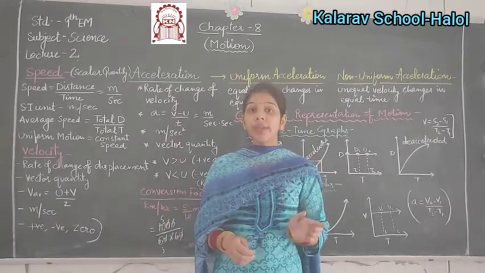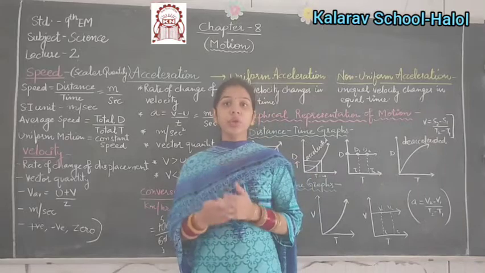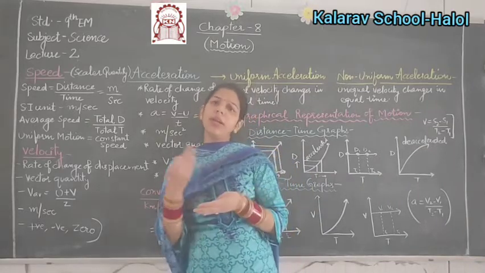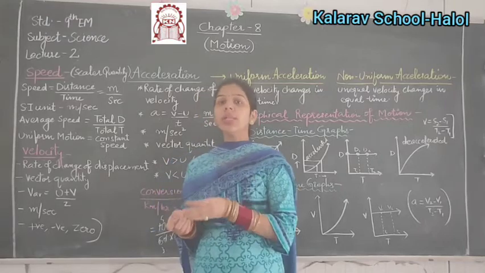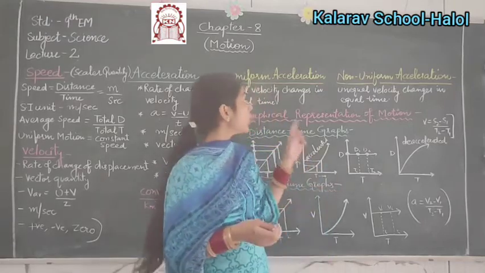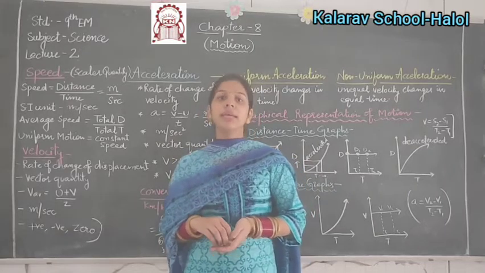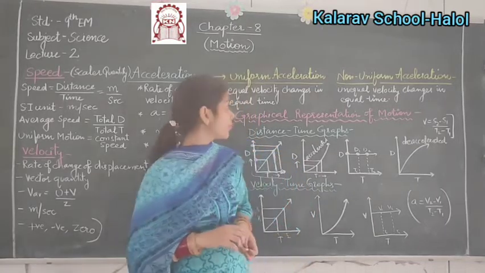But if you are driving a car, due to traffic or your personal reasons, the velocity changes at different intervals. So there is unequal change in velocity, and that is why the motion of a car is non-uniform acceleration.